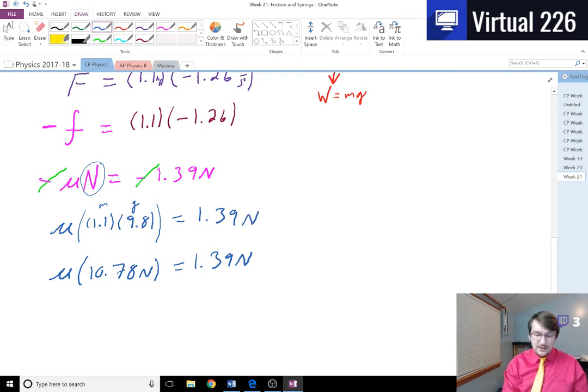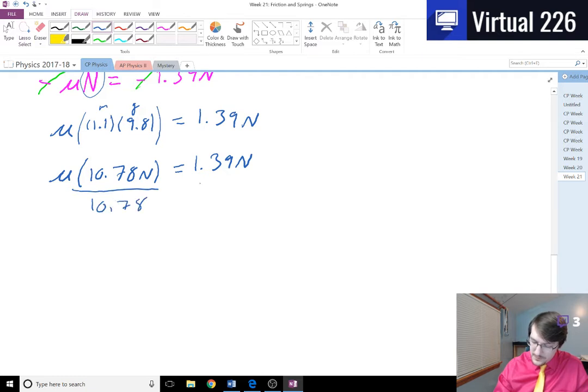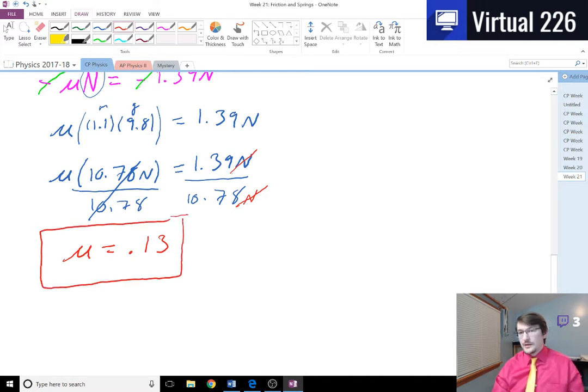If I just divide 1.39 divided by 10.78, just do a little division here, those divide out, we end up finding that the coefficient of friction is 0.128, so we'll just say 0.13. Note the units are newtons over newtons, so they actually go away. So this is our answer here, and we don't have to worry about anything else.